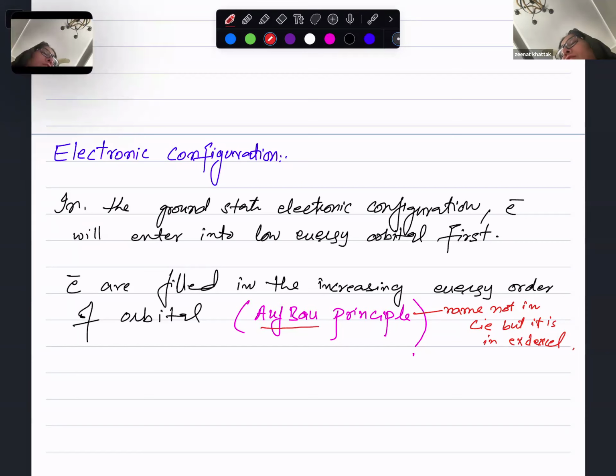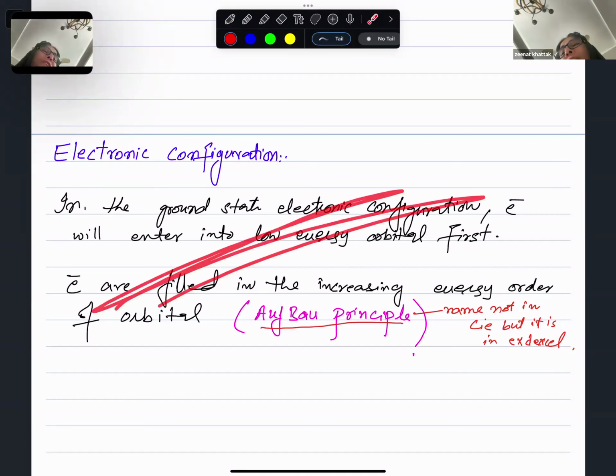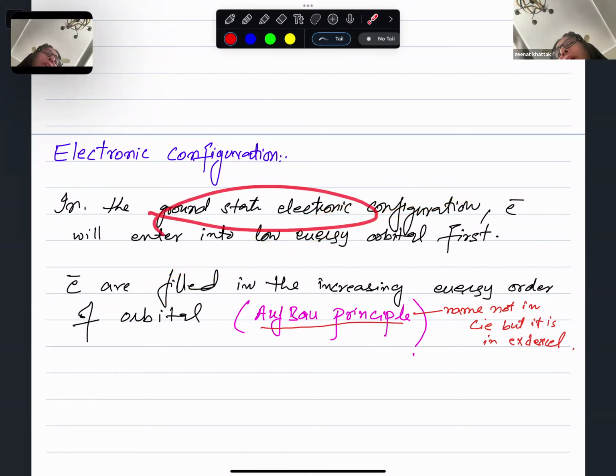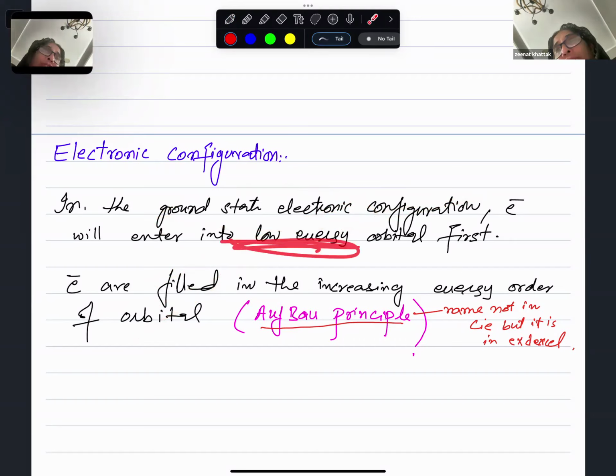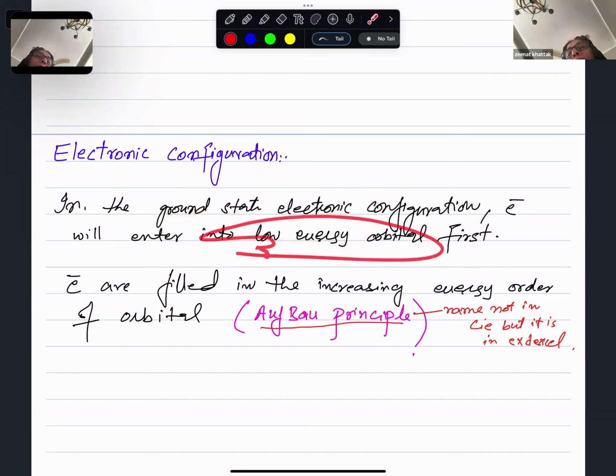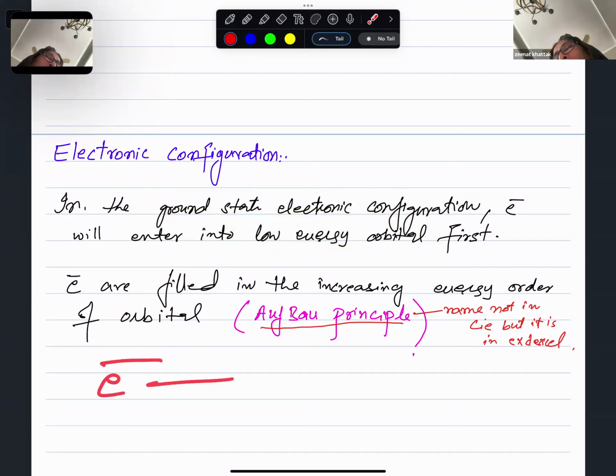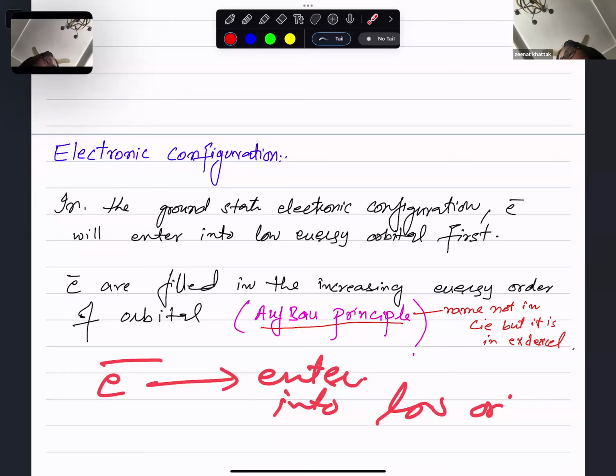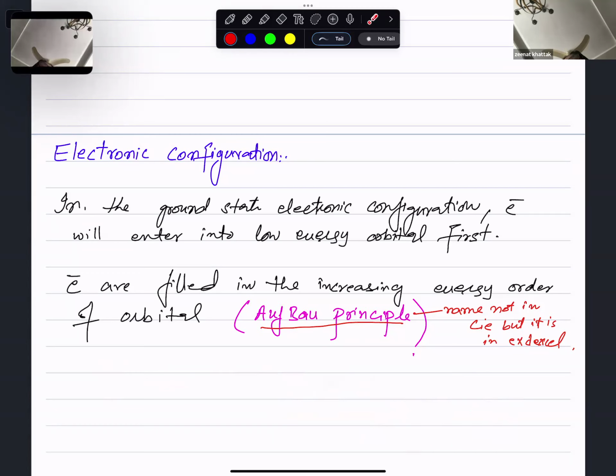The name is not in CIE, but look, this whole thing is in Cambridge. You must know that whatever configuration we are doing, it is based on low energy. Therefore, it's called the ground state. Low energy, ground state electronic configuration. First electrons enter into the low energy orbital.